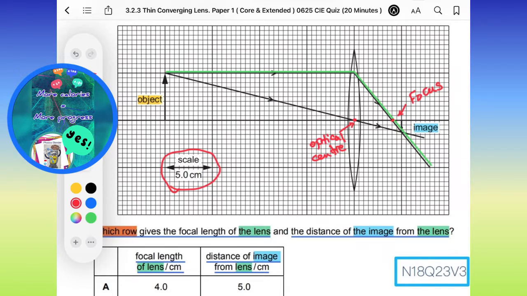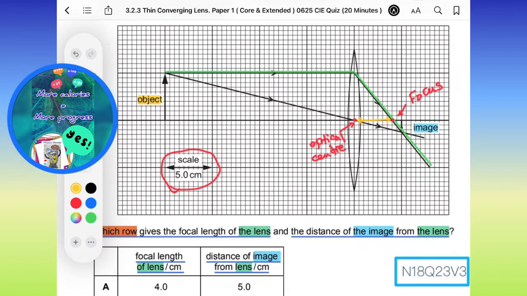Okay, so you have one square is 5 centimeters, so it's not one complete square, so this distance is only 4 centimeters. Is it clear? Okay, back to our image.